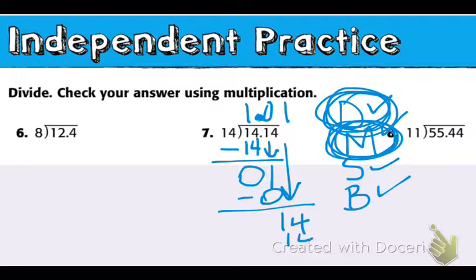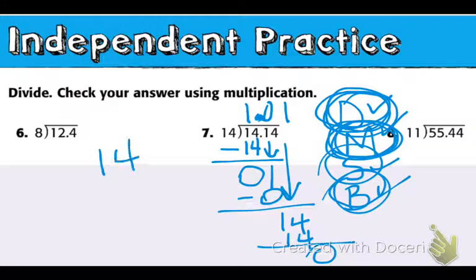Well, that's 14. I can go ahead and subtract. There's nothing left, nothing to bring down, so let's check and see if it's reasonable. 14 is the number of groups, that's my divisor, times my quotient, or the answer, and I get 14. That is really close to the dividend, so I know my answer is reasonable.